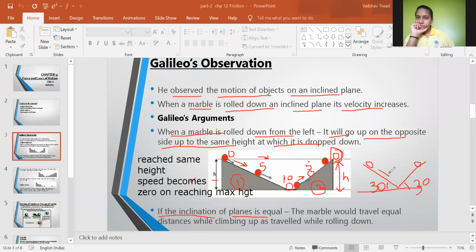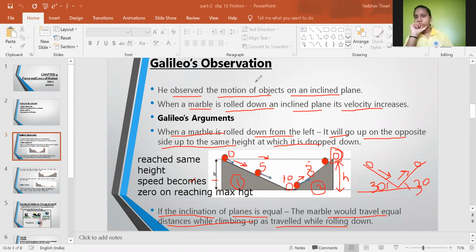It will fall down and again rise on the second plane, and it will stop only after reaching the same height. So the marble would travel an equal distance while climbing up as traveled while climbing down.